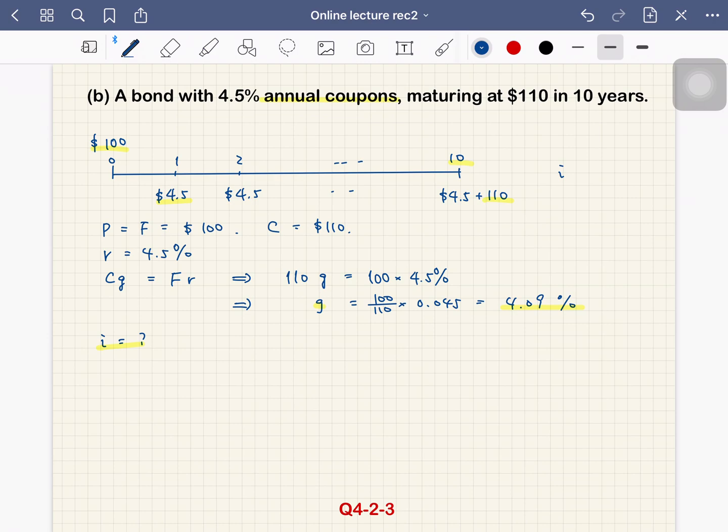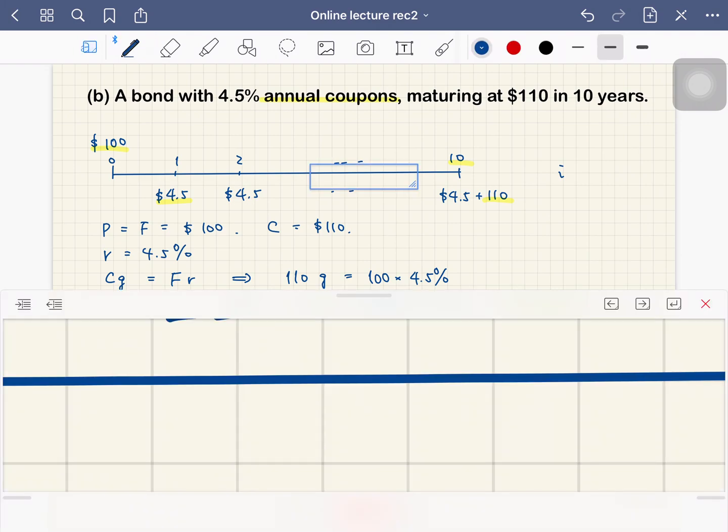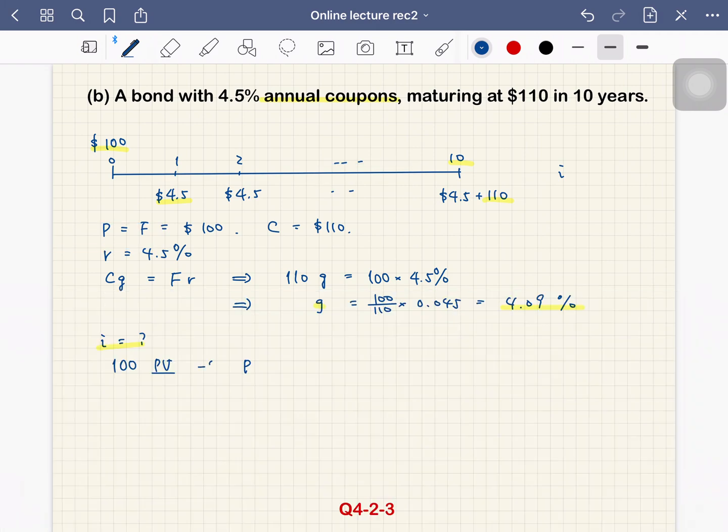So in BA II Plus, you can input 100 as present value and 4.5 as payment. We have to put a negative sign here, so negative 4.5 payment, and 110 as future value, also negative, and N is 10, so 10 N.